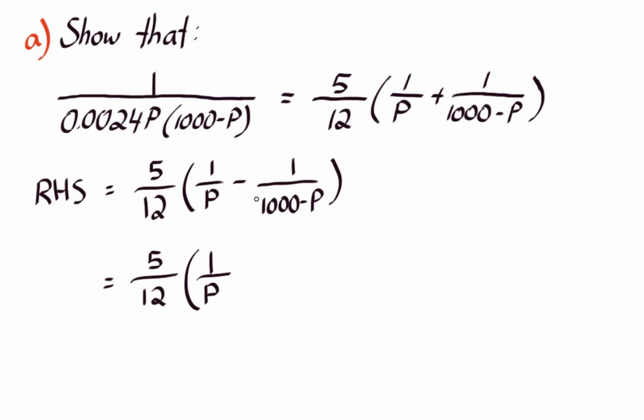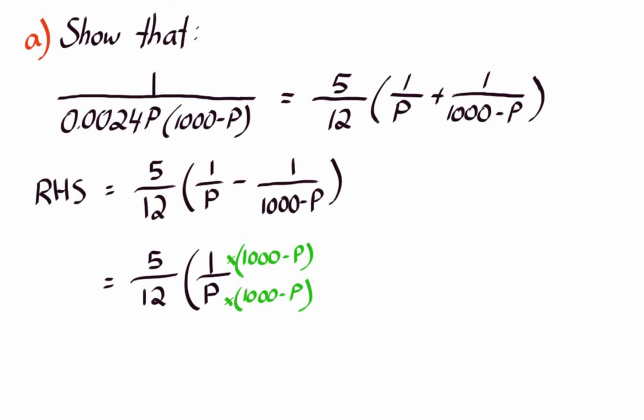To create this common denominator, we are going to multiply the first fraction by 1, but the way in which we write 1 is the key. We're going to write it as (1000 minus P) over (1000 minus P).